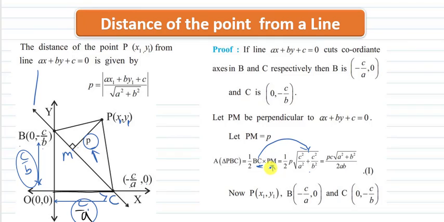So in place of PM I am writing p. Okay. Remember this. After solving this I will get this. Just cross multiply, take the square root, you will get this. So this is equation 1. In equation 1 we have found the area of triangle PBC. We can also find the area of triangle PBC by using the determinant method. We have seen this. I will just revise it.